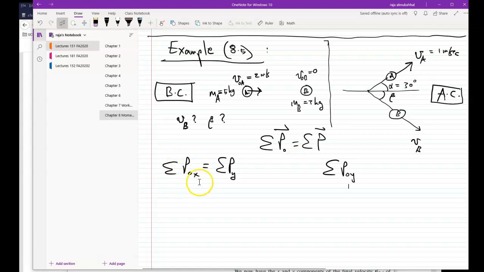Sigma P naught in the x direction equals sigma P in the x direction after collision, and sigma P naught in the y direction equals sigma P in the y direction after collision.